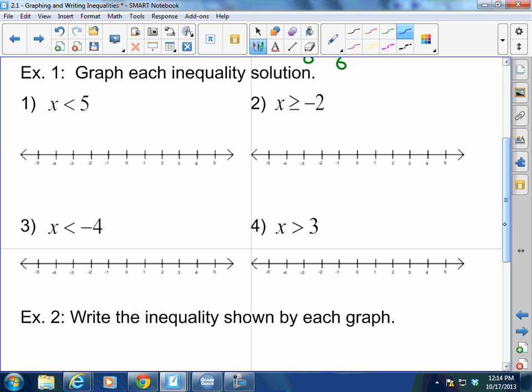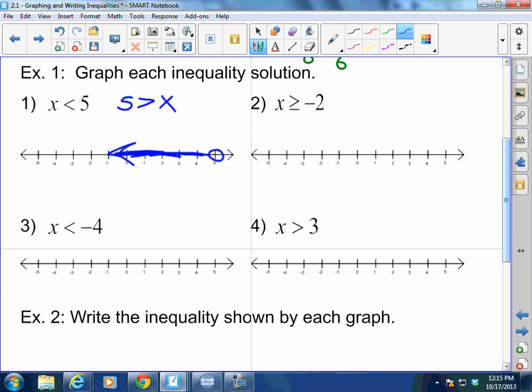x is less than 5. Where's our starting point? 5. Open circle or closed? Open. x is less than 5, so it's going to be to the left. Okay? Now, what if I wrote it like this, though? According to the arrow's theory, which way would I have gone?